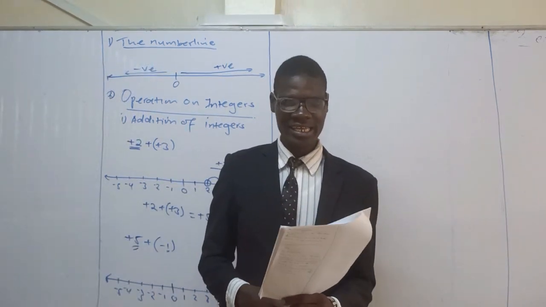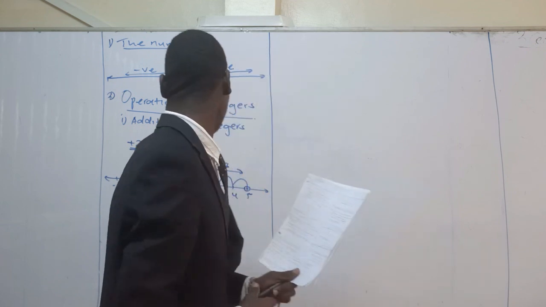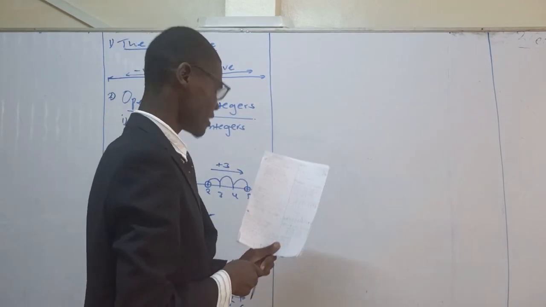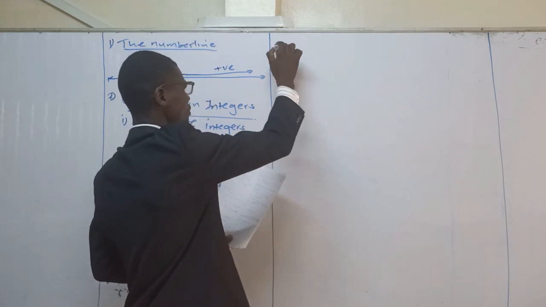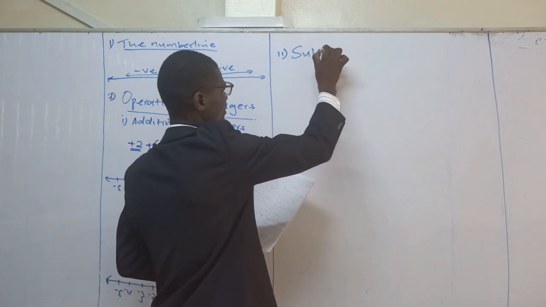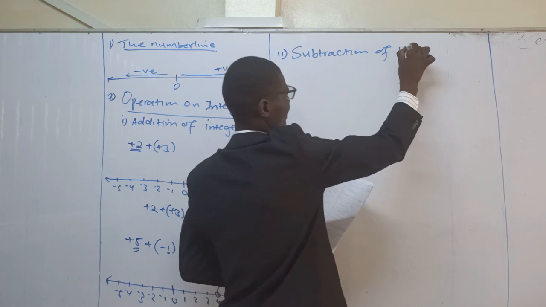Now, the second subtopic on operation on integers, we discuss subtraction. So Roman 2 is subtraction of integers.